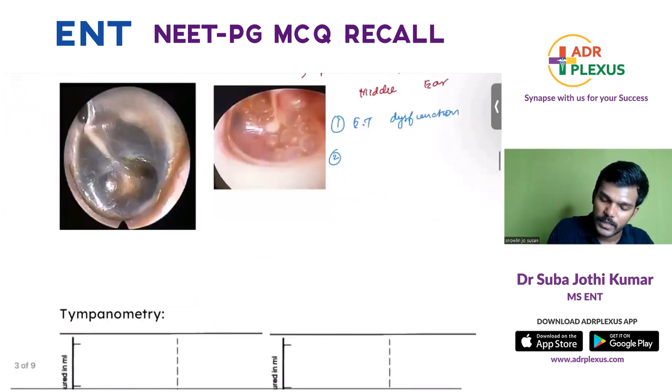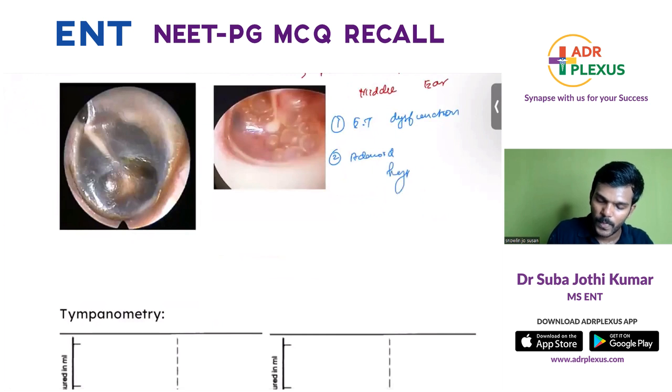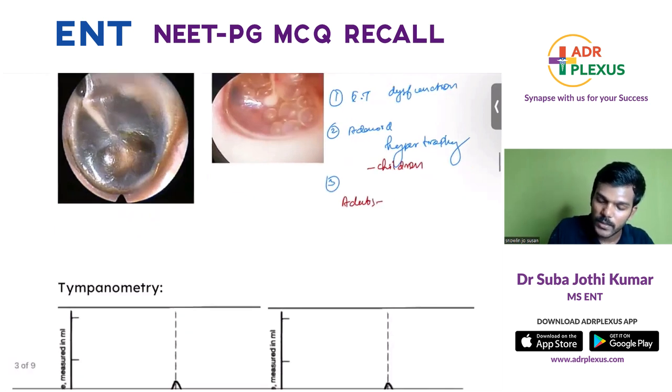Or some mass like adenoid hypertrophy in children. If it occurs in adults, you should suspect carcinoma nasopharynx.